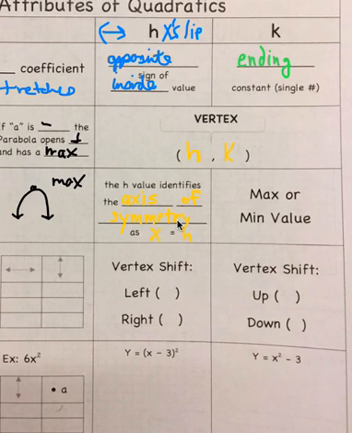And our k value just identifies the max or the min. So it identifies your maximum or minimum.